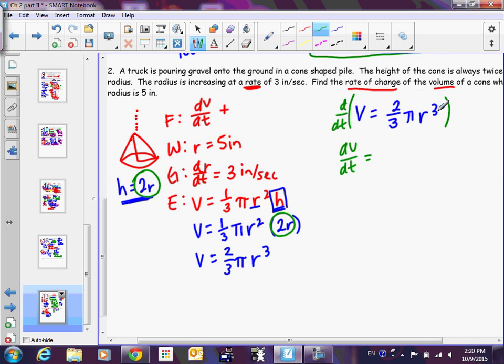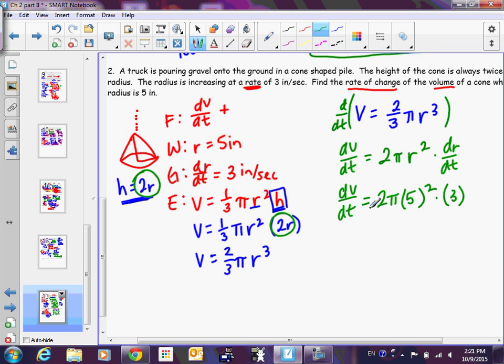So now is when we do need to put that 3 times 2/3. So 3 times 2/3 is just 2. If you need to, use your calculator there. I'd rather that than you get it wrong. Decrease the power by 1 times dr over dt. Now we're ready to plug in. I'm looking for dV over dt, so I rewrite that, and I just plug everything else in.